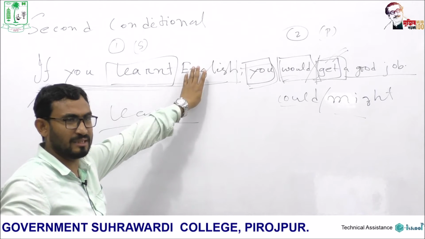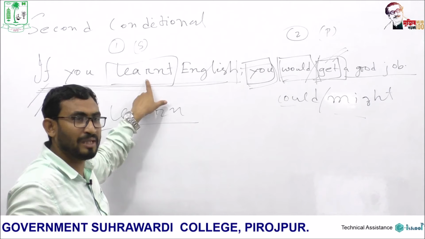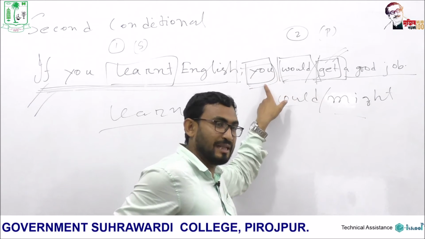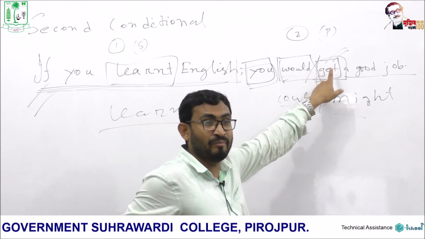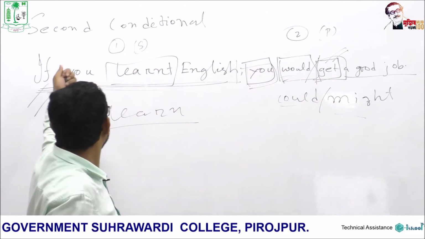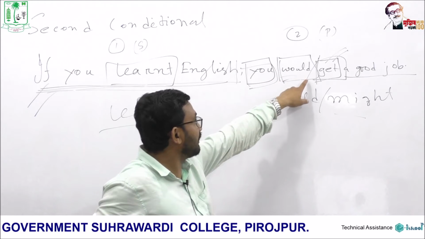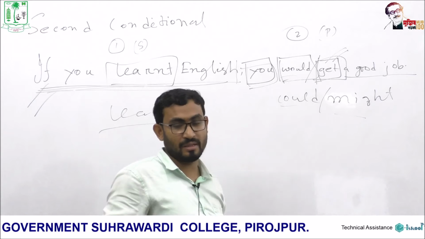Object is not always necessary, but here there is an object. But in the principal clause, subject, would or could or might, then not the past form but the base form of the verb. Here is the difference. In the subordinate clause, the past form of the verb, but in the principal clause, would, could, might, then the base form of the verb.